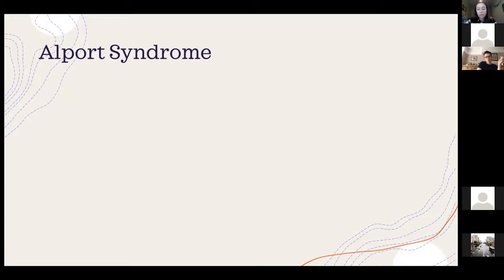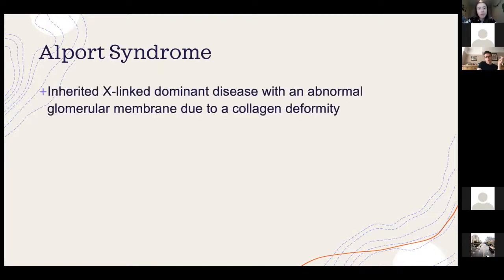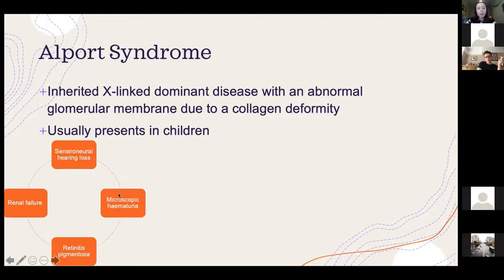Alport syndrome. Alport syndrome is a genetic disease, an X-linked dominant disease, and it's basically a collagen deformity that causes an abnormal glomerular membrane, and usually it presents in childhood. So if you've got an older teenager or someone in their 20s, it's much less likely to be Alport syndrome, because you'd have noticed the clinical features much younger.